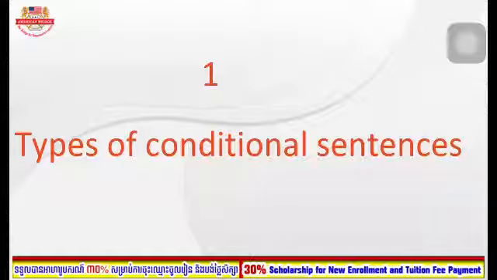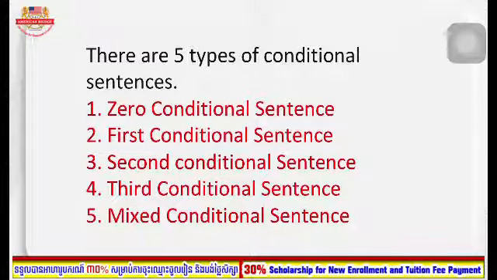Can you review what we have learned so far about the conditionals? We have learned about zero conditional, first conditional, second conditional, third, and the last is mixed. So here are the types of conditional sentences in English. Number one, zero conditional sentence.